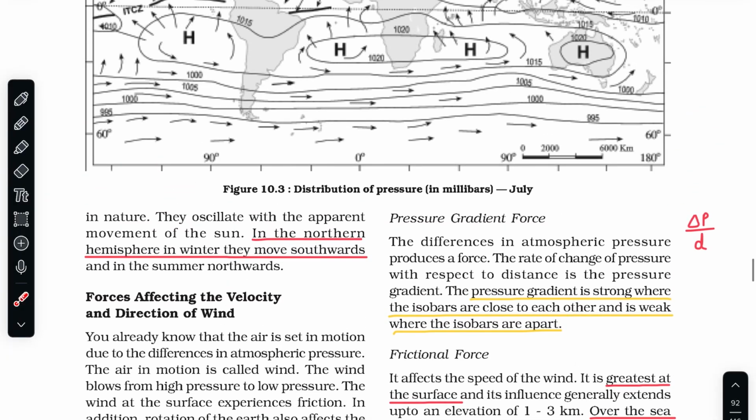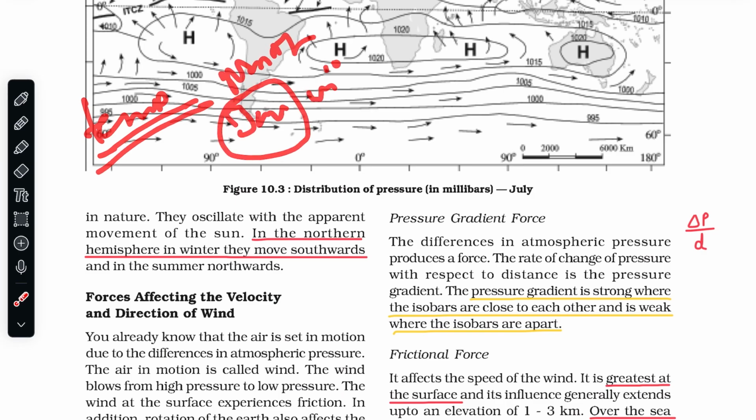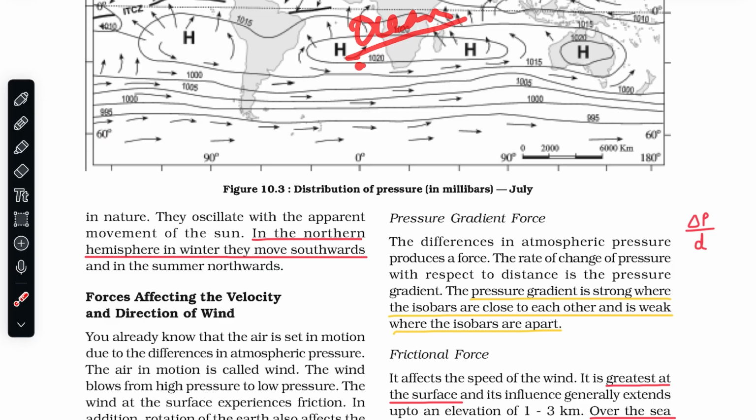We've also read about the temperatures. So in the northern hemisphere, in January, in winter, in the continents, the isotherms basically shift southwards, whereas in the oceans, the isotherms shift northwards in winter, basically in January.